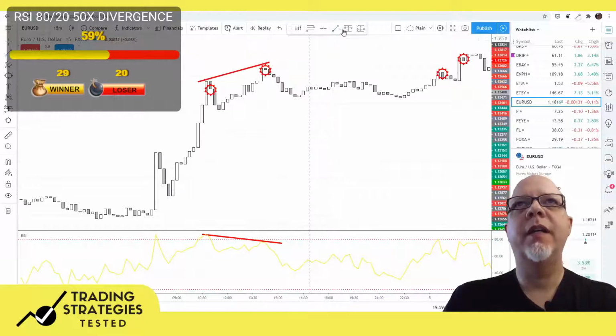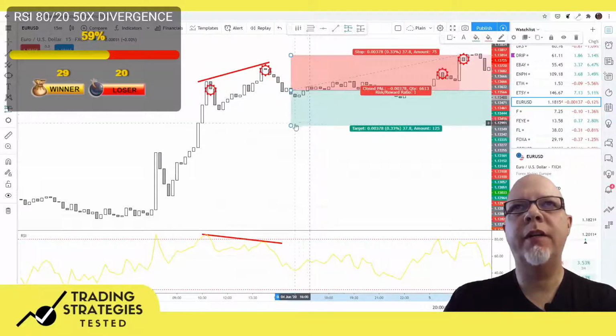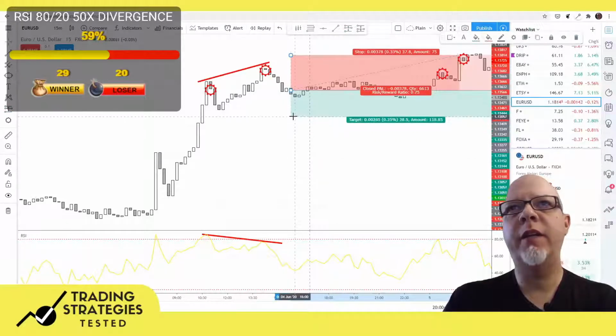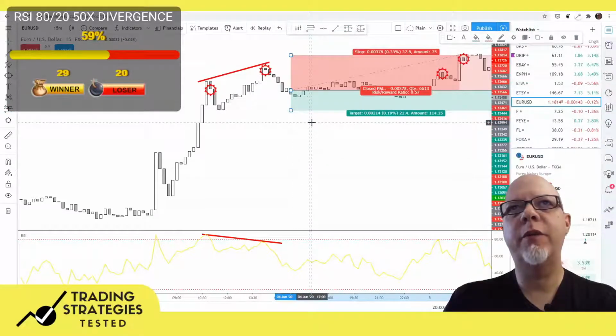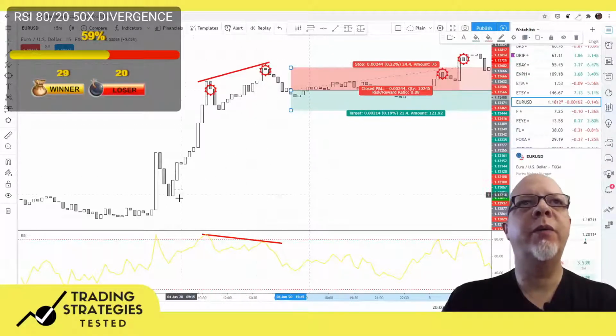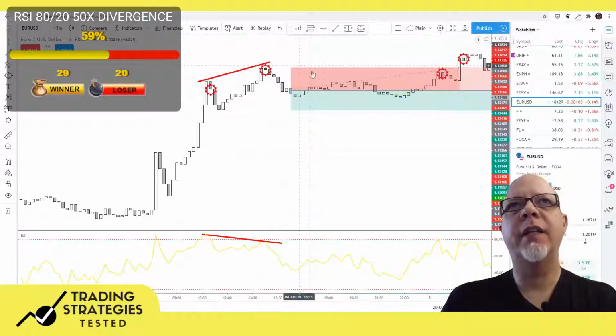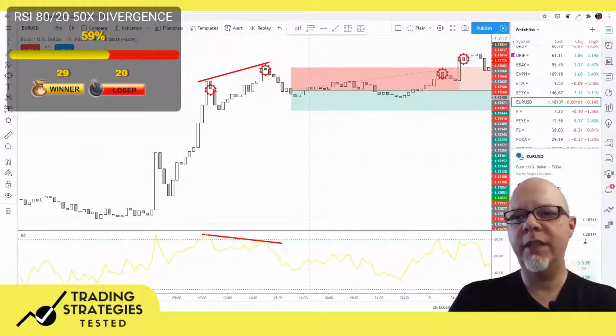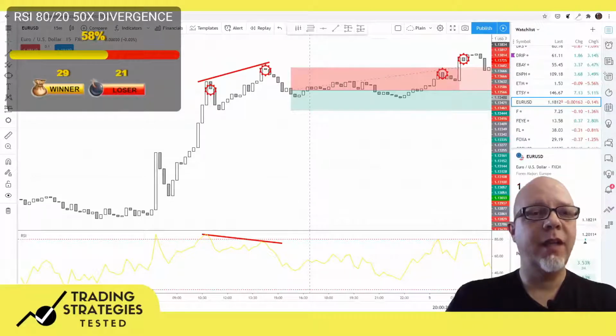Okay, so what we're going to do is go for a low as soon as we break this. So I'll be around about here, aiming for about 20 pips profit, and the stop loss set at the previous high or previous low or resistance level. And in this last case, we can see that it did not work, so it's going to be a loser. And there we have it.